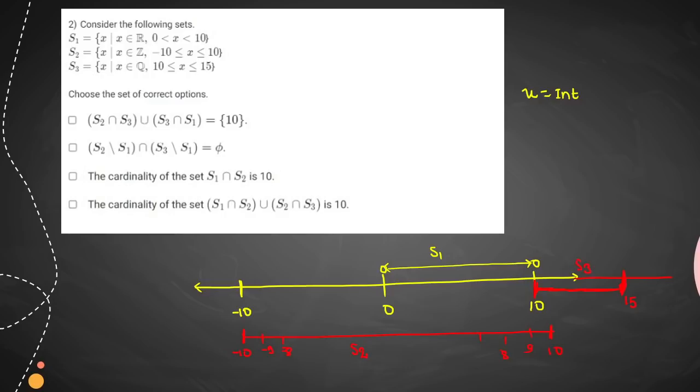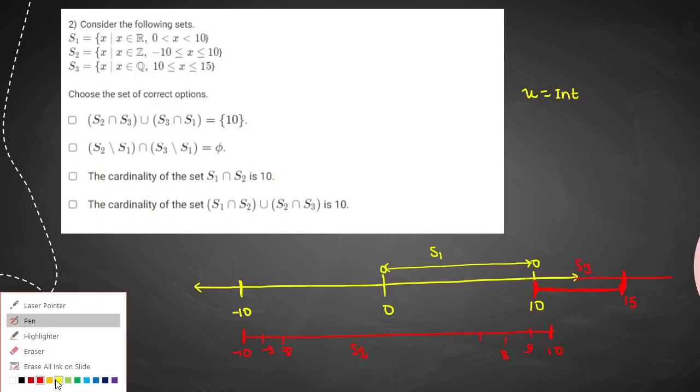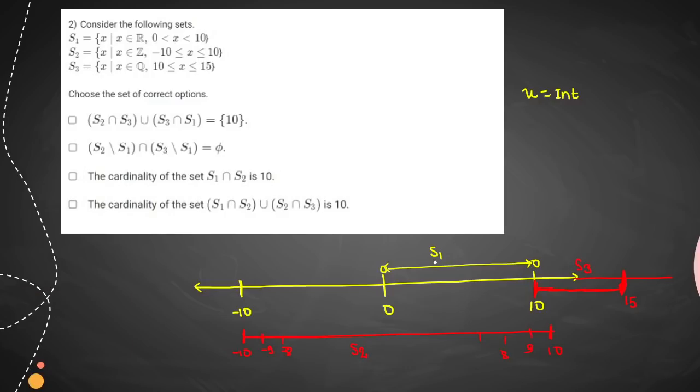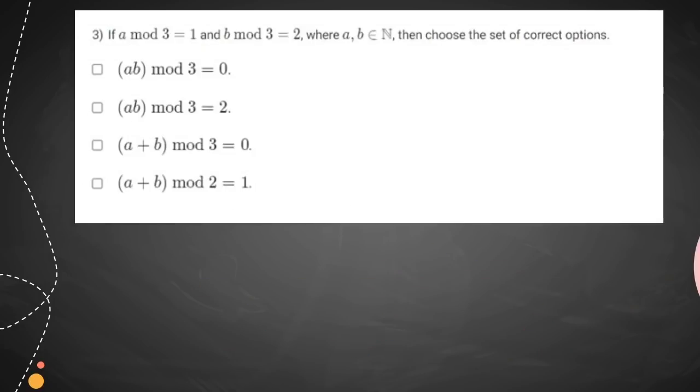Now we are done with these three sets, so let us move to the options. We have to choose the correct option. The first option is s2 intersection s3. Let me erase this one.